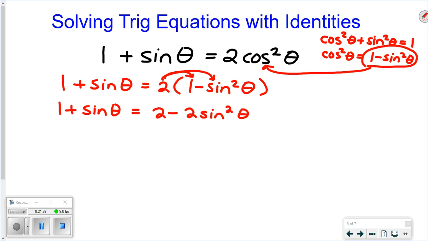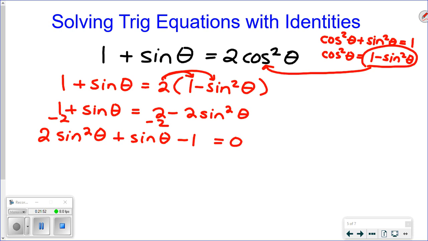And then I'm just going to move all the terms to one side. So I'm going to add the 2 sine squared theta and move it over to the left side. I'm going to keep the plus sine theta, which is already on the left side. And then if I subtract 2 on both sides, the 1 minus 2 will give me -1 equals 0.